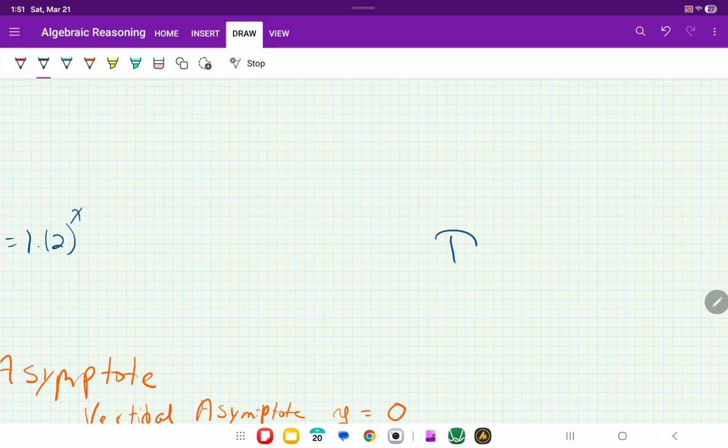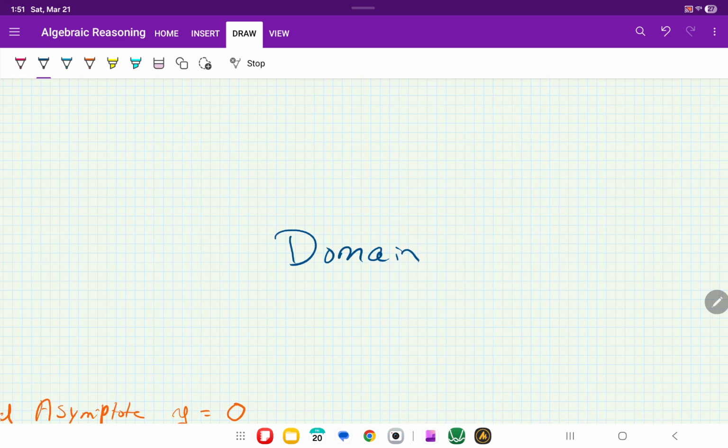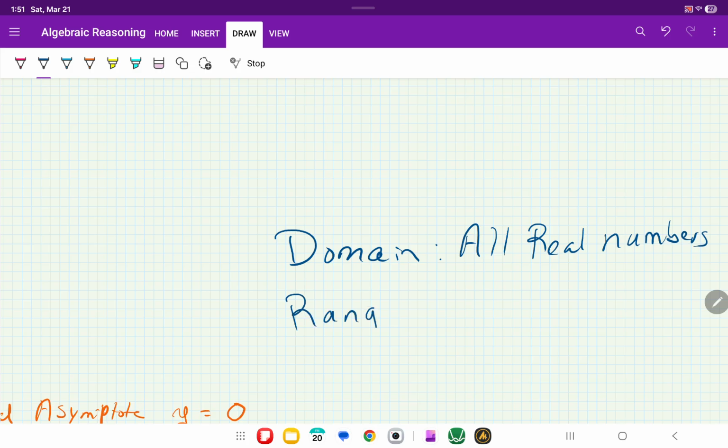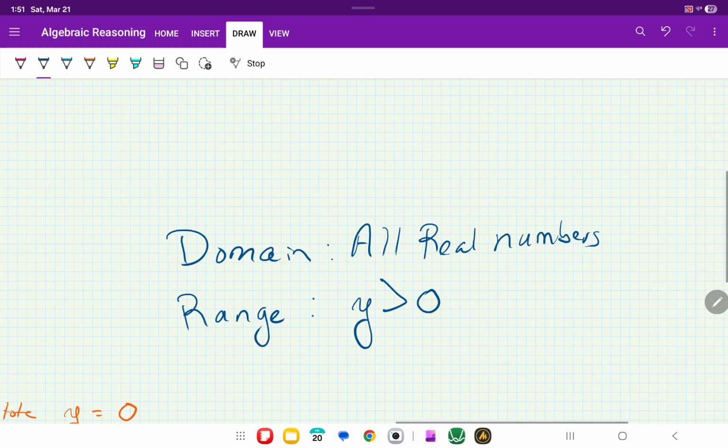So we've got our domain. Now we're going to do this in 3 different ways. All real numbers. We're going to say that our range, and this is what is called inequality notation, y is going to be greater than 0. Will not be greater than or equal to 0.